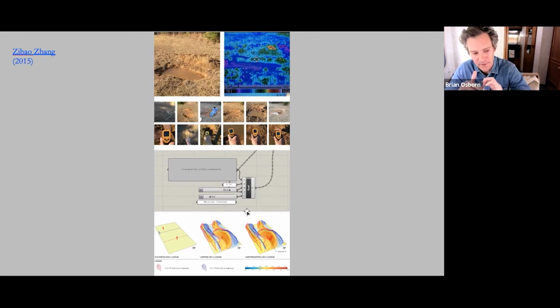And then he, in Grasshopper, as you can see in the bottom, was trying to model projective versions of those things. So the on-site study was limited to what he could do with a shovel in a given period of time, whereas the Grasshopper study has the capability to be much more projective and to grow beyond his own limitations.